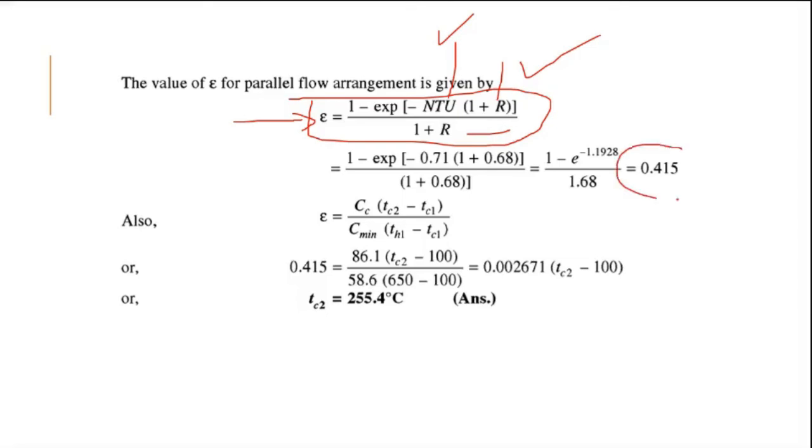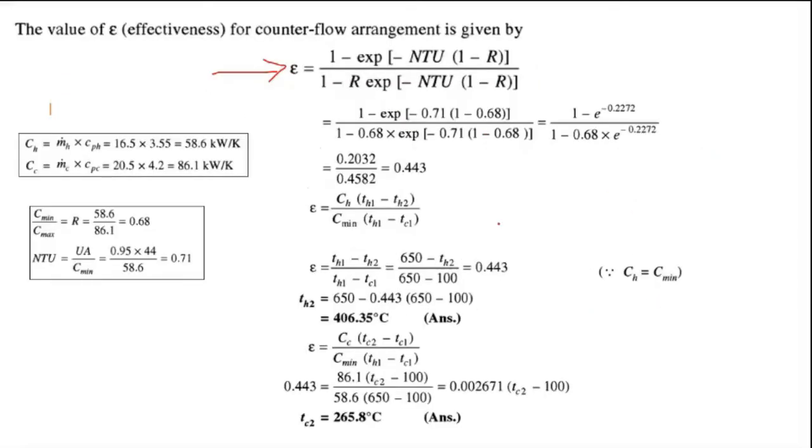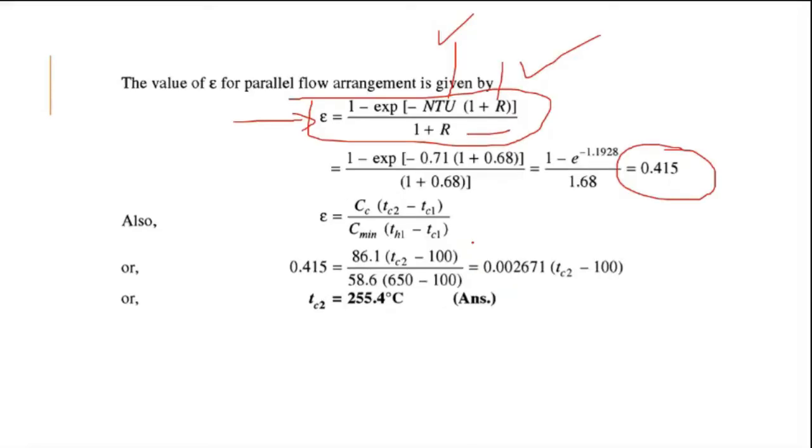So we have determined the effectiveness for this case. Here this effectiveness is 0.415, and for the previous case, the effectiveness value is 0.443. So for counterflow effectiveness is higher, for parallel flow effectiveness is lower.